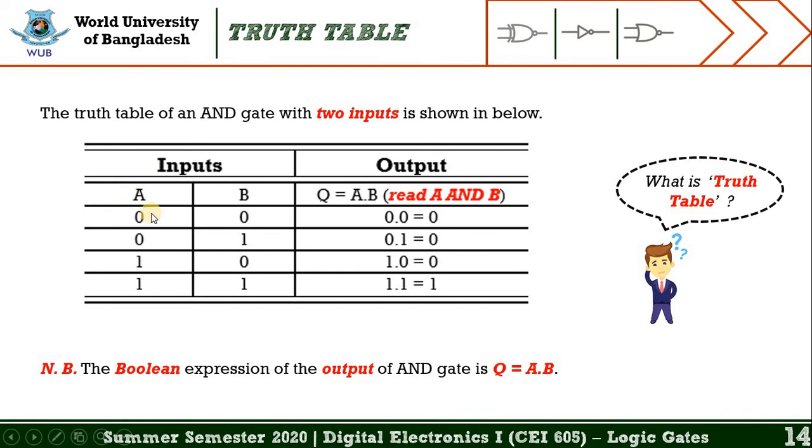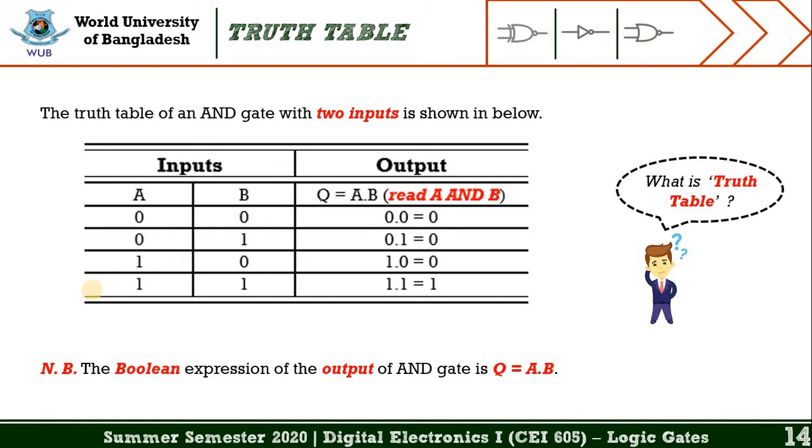Inputs are symbolized by 2 English alphabets, one is A and the other one is B. And the output of the AND gate is A and B, which is close to the multiplication operator of mathematics.